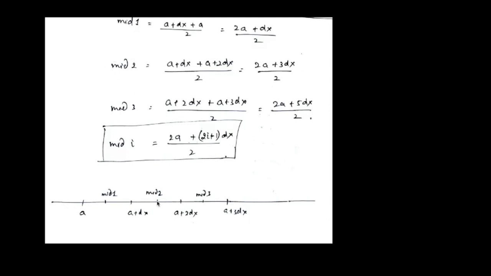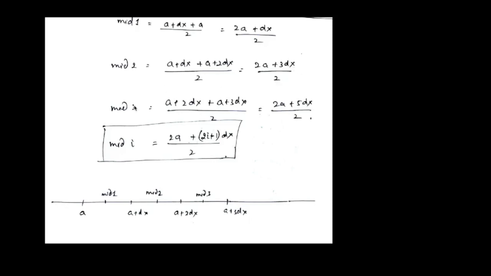Mid 2 is the average of these two. So I can write a plus dx plus a plus 2 dx divided by 2. Here a again comes 2 times, but this is 2 dx and this is dx. This becomes 2a plus 3 dx by 2.